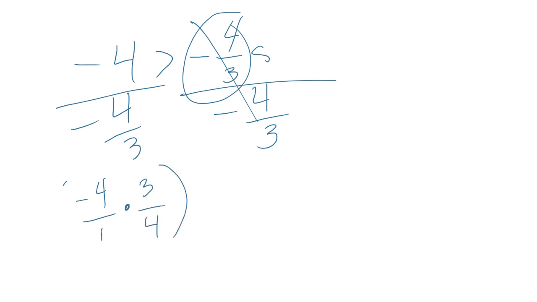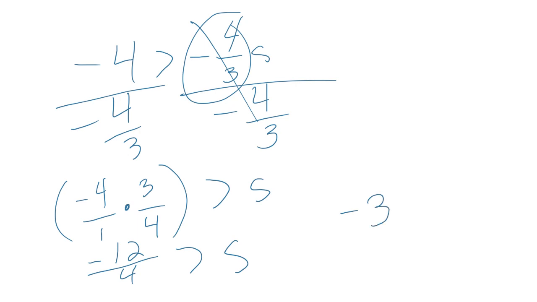All right, I'm gonna put that in parentheses. Is greater than s. Now we gotta figure out what this is. That's gonna be negative 12 over 4 is greater than s, and we know negative 12 over 4 is the same thing as negative 3 is greater than s. But remember, we divided a negative number, so we need to flip that sign.